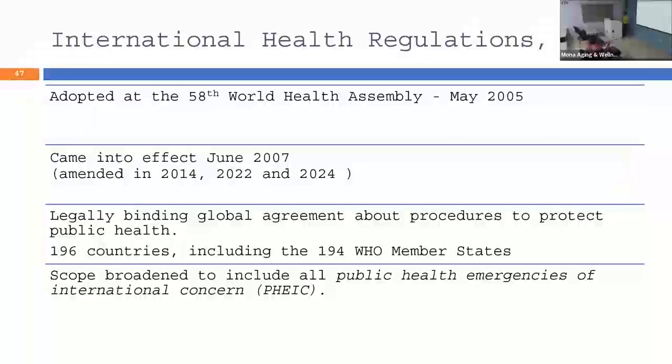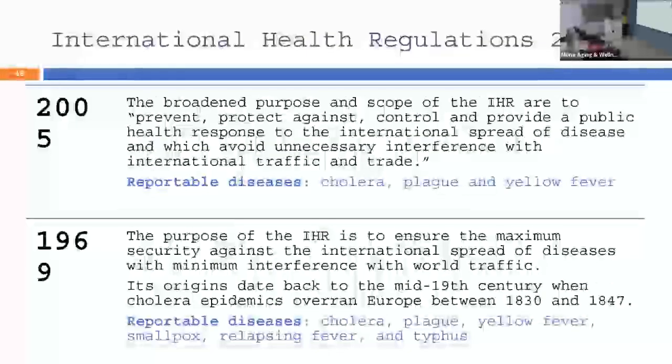Upon advice, the WHO will make the determination whether they're going to declare it a public health emergency of international concern. Recent ones would be Mpox and COVID-19, both declared public health emergencies of international concern. So that's 2005 and that's 1969.